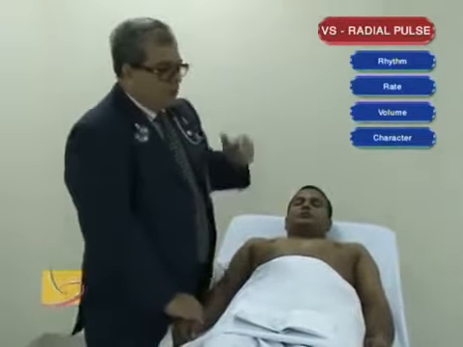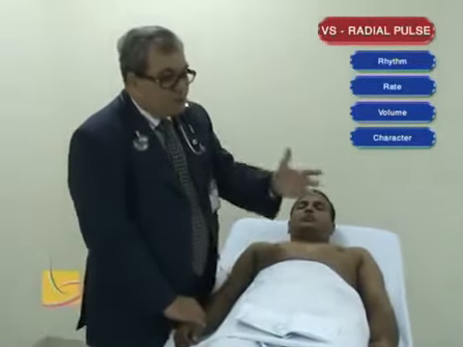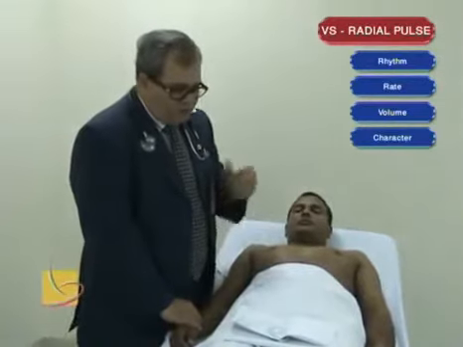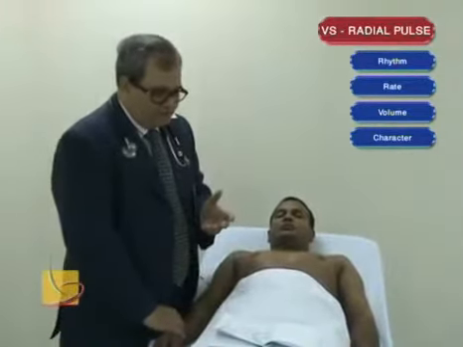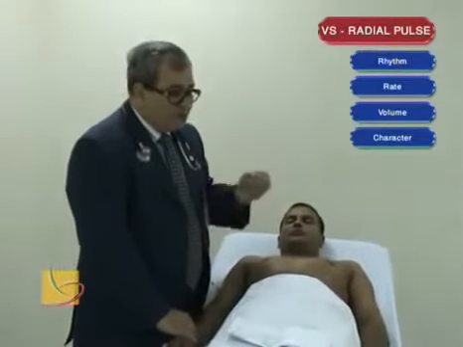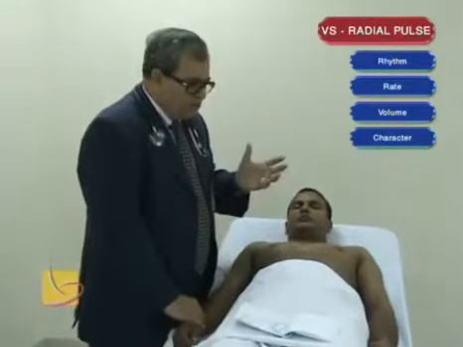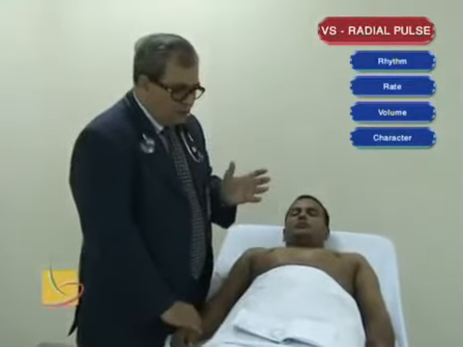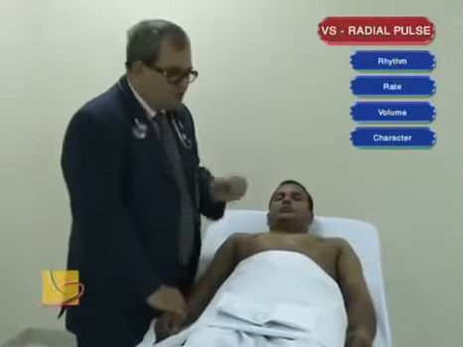Then back to another character which may be related to the rhythm. That is what's called pulsus bigeminus and pulsus trigeminus. Pulsus bigeminus means that you appreciate one impulse which is normal, followed by another impulse which is weak.